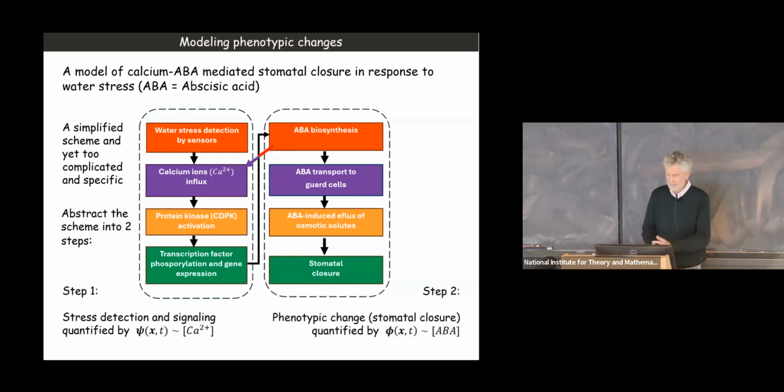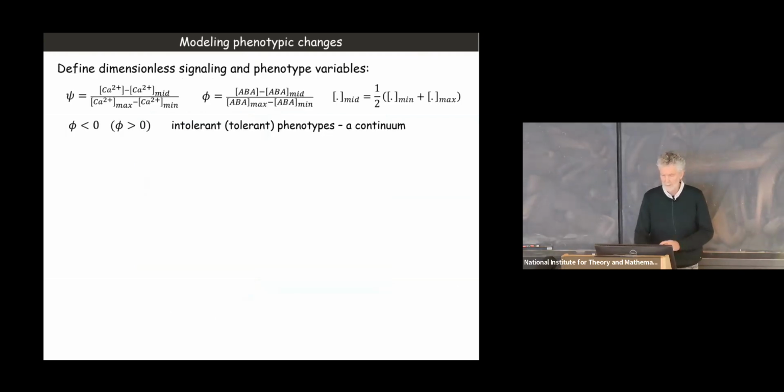And the second step is the phenotypic change itself, stomatal closure, which we quantify by another variable, phi, which in this case can be related to the ABA concentrations. More specifically, we define psi and phi to be dimensionless variables.